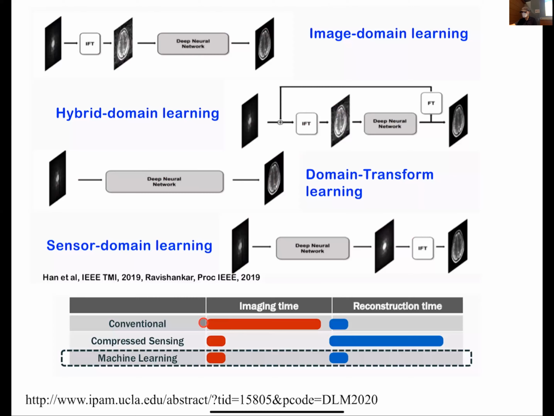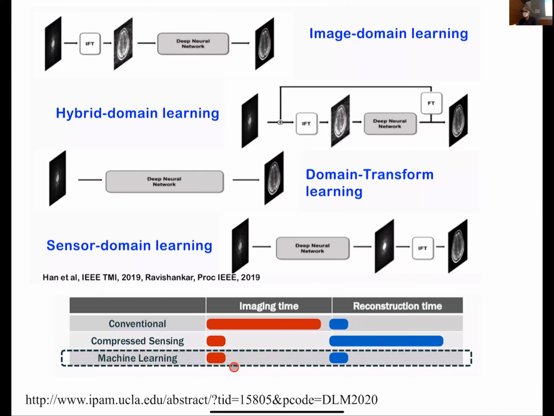And the advantage of it is that if you look at conventional imaging, it has a longer imaging time. The reconstruction is pretty fast because it was Fourier based. We can calculate that pretty fast. If I go to compressed sensing, I can speed up my images, but the reconstruction takes forever, because you're trying to solve these convex problems and you're searching around for these solutions.